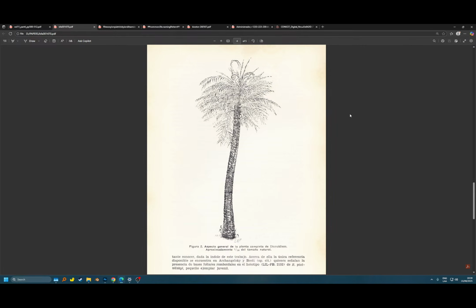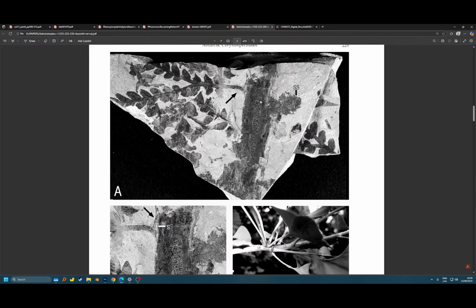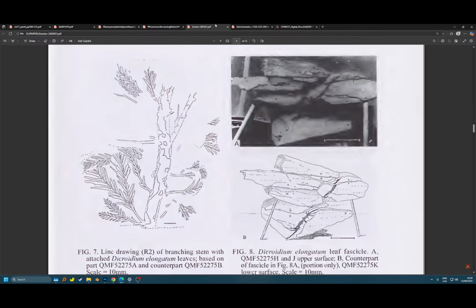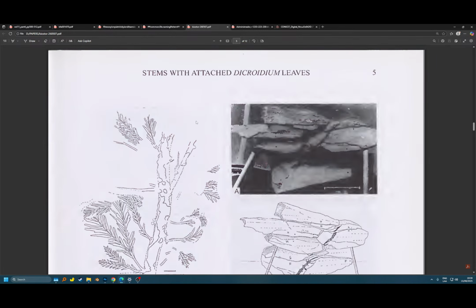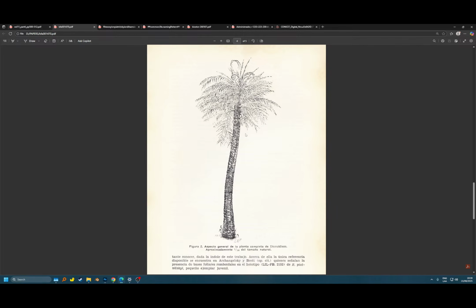It's another species. The branches that show this kind of growth have not been found. This type of wood has not been found in Argentina. But I don't think that really means much, and I'm going to argue why.